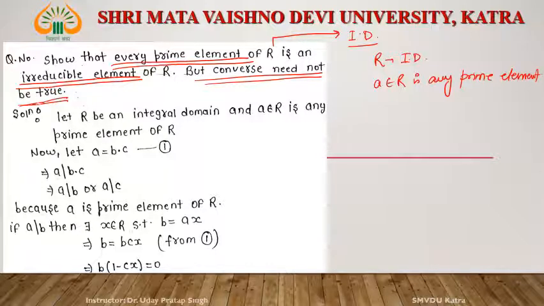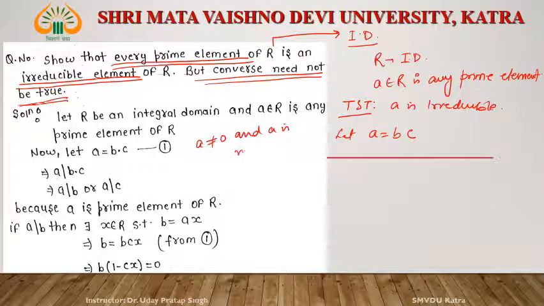Then we have to show that a is irreducible. So to show that a is irreducible, let a equal bc. Since a is prime, obviously the first condition is true: a does not equal 0 and a is not a unit.